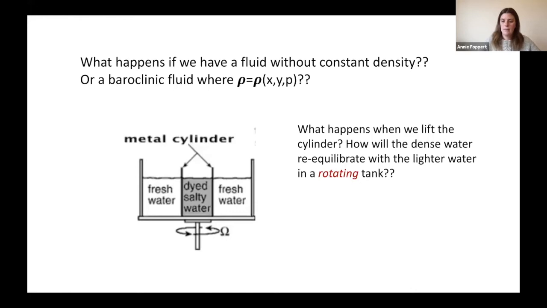Okay, so we have some good answers here. One says it stays in the middle a bit. Another says there's a sloped barrier between the dyed and the fresh, and I would challenge you to think about which way the barrier would be sloped. Another says a center vortex of salty water. These are all good suggestions.